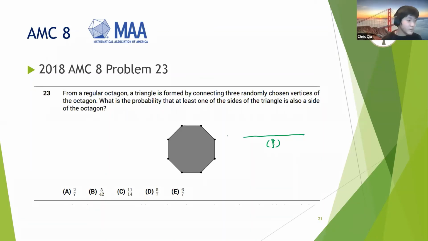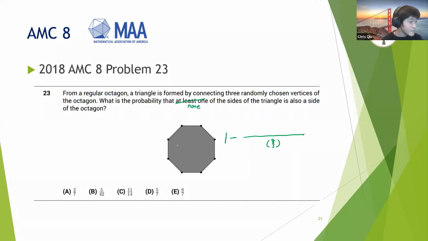So let's try to find the probability that none of the sides of the triangle is also a side of the octagon. And at the end, we want to remember to subtract this probability from 1, since we're finding the probability that the opposite of what's asked is happening.